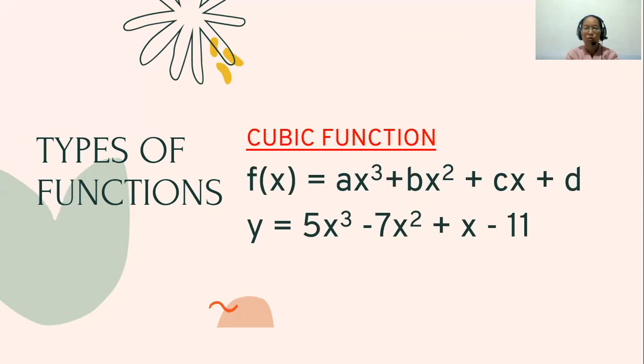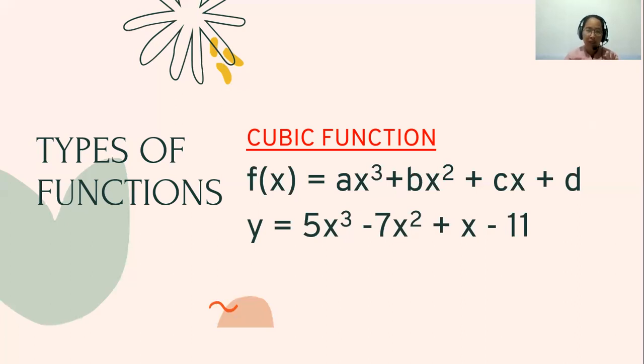As an example, we have y equals 5x cubed minus 7x squared plus x minus 11. So again, the third type of function is a polynomial function, which comes in 3 types. We have the linear function if the degree is 1, the quadratic function if the degree is 2, and the cubic function if the degree is 3.